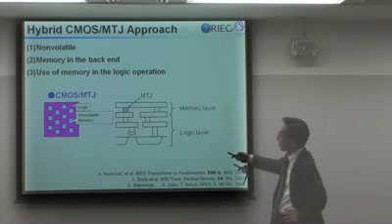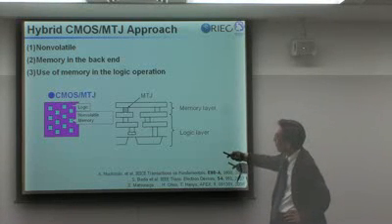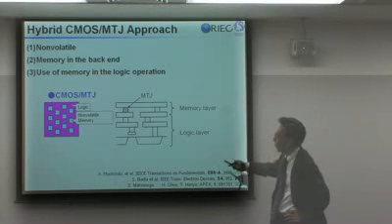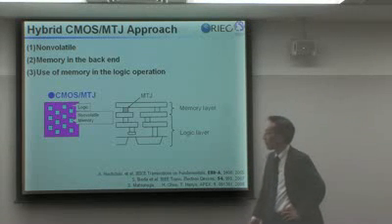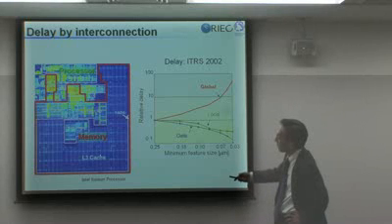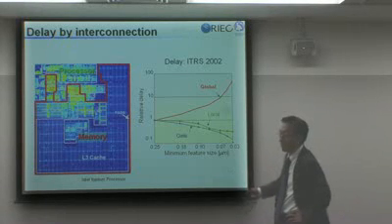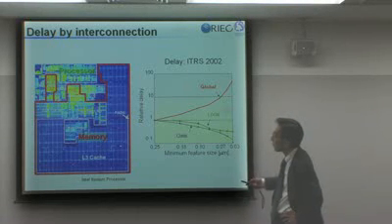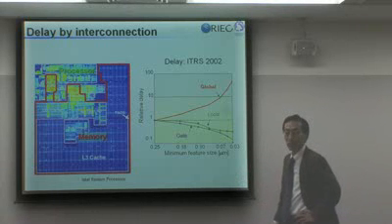But because we are not using semiconductor, we can put the magnetic tunnel junction in the interconnect. Which means that we can not only make this part non-volatile, we can put this memory on top of the processor.